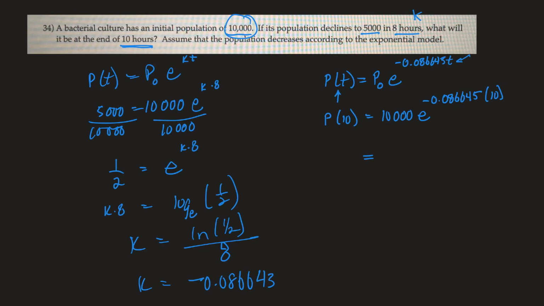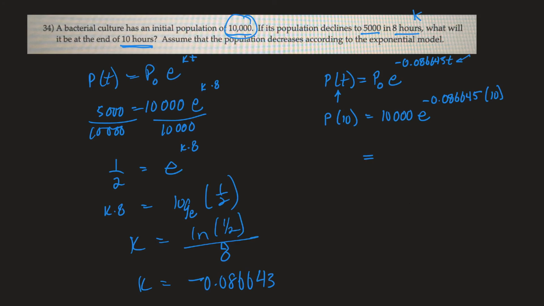I'm going to have to go backwards with this. So e to the negative 0.086645. I wish I could have used that whole number in there.